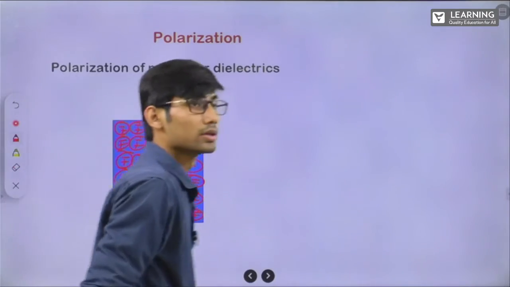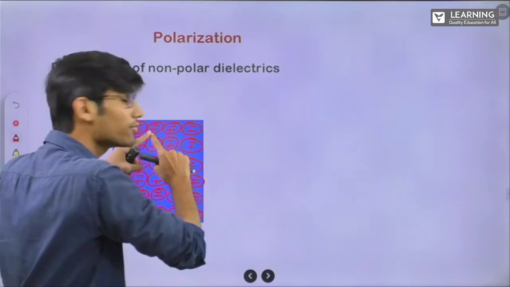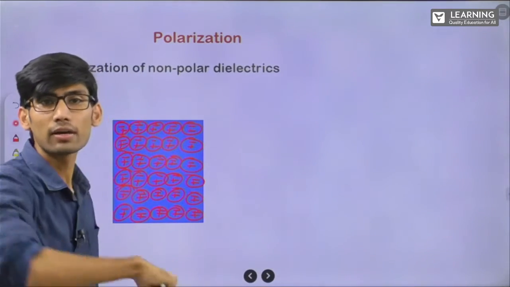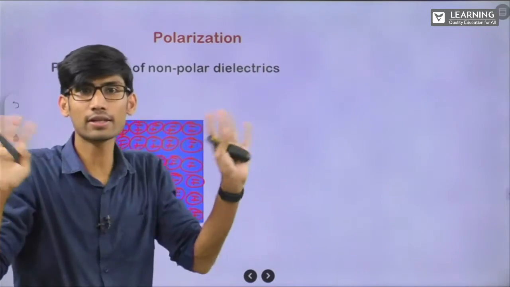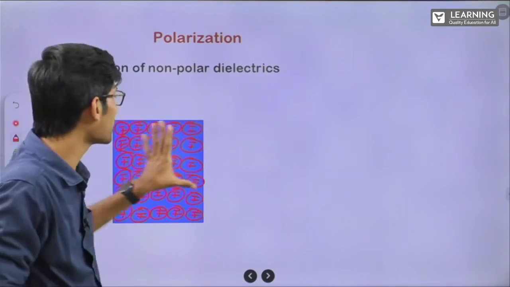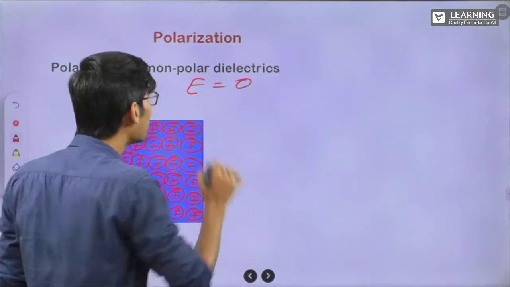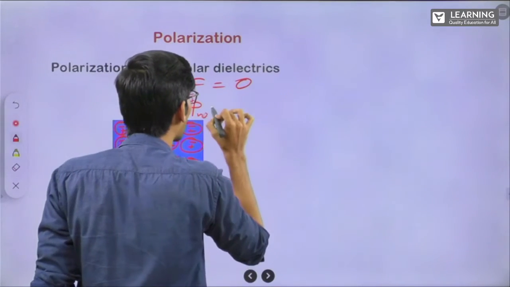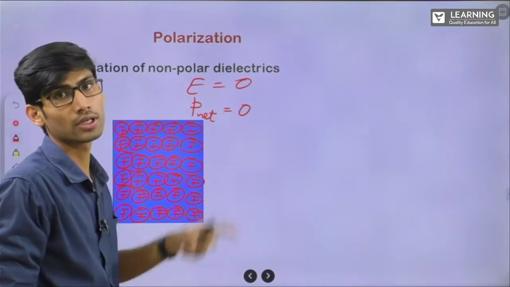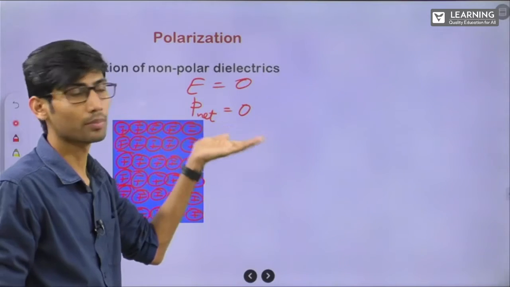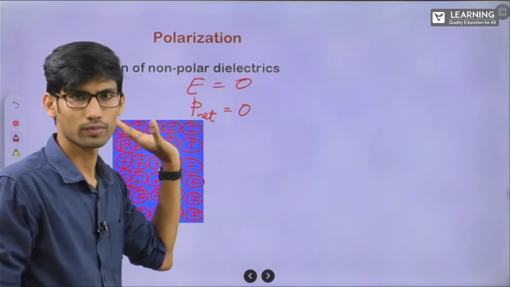Here, the dipole moment of one molecule is zero. Obviously, because of which the net dipole moment of the entire material will also be zero. So P net, here there is no external electric field. This material is just kept like this. Electric field is zero, and P net will also be zero. Why? Because for one molecule the dipole moment is zero, for this entire material the dipole moment will be zero. Correct?